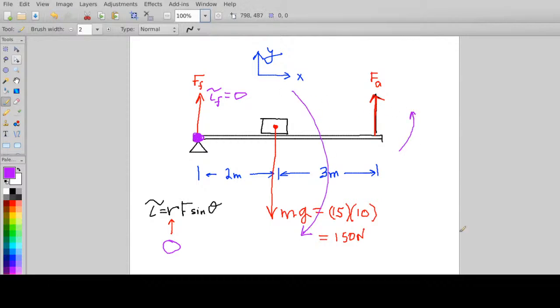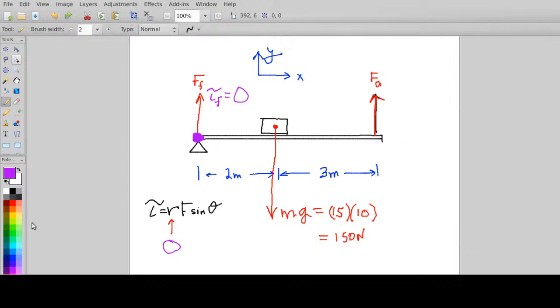Well, then it would want to turn clockwise. The only way that this is not going to turn either clockwise or counterclockwise around the axis of rotation, which is right there, the big purple dot, is if that torque due to FA and this torque due to mg exactly cancel one another. And so there's the criterion that the torques have to add up to 0.